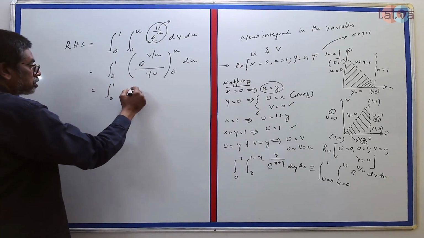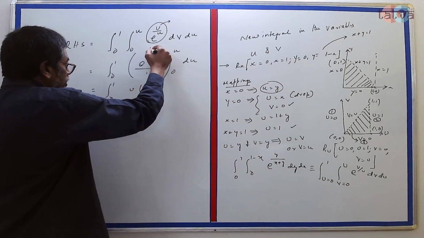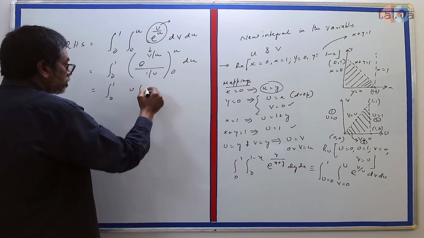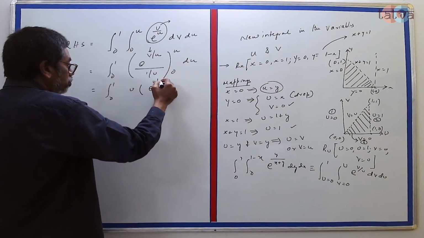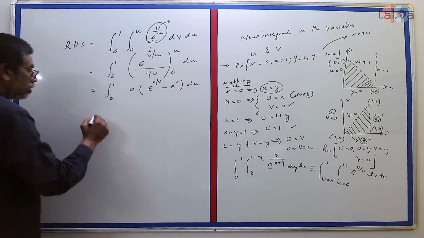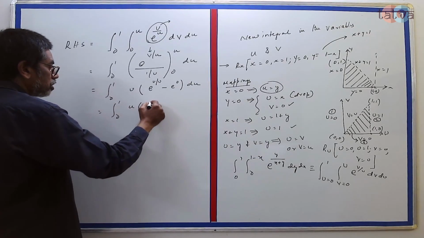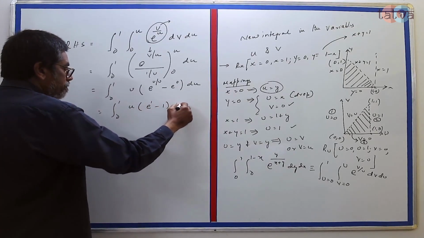So just do that. Now in place of v, you substitute the upper and lower limits. So I get e power u upon u minus e raised to 0. So this will be 0 to 1 u times e minus 1.